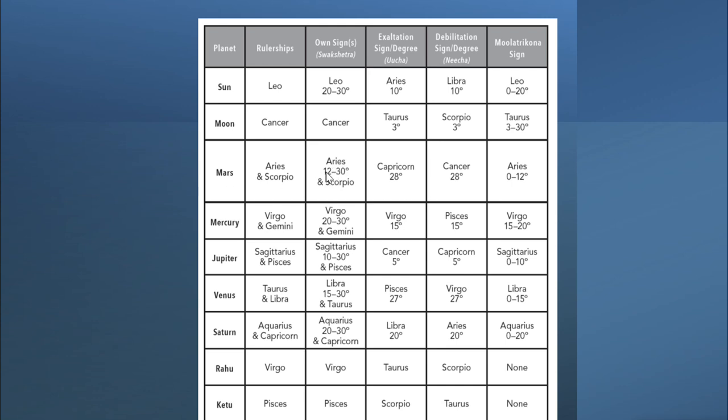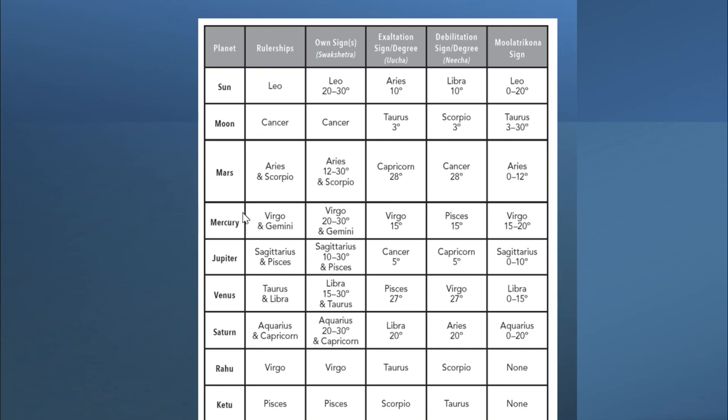So Mars owns two signs, Aries and Scorpio, and 12 to 30 degrees of Aries and Scorpio become own sign. For exaltation, Mars feels exalted in Capricorn, which is ruled by Saturn, at 28 degrees, and it is debilitated 180 degrees opposite, at 28 degrees Cancer.